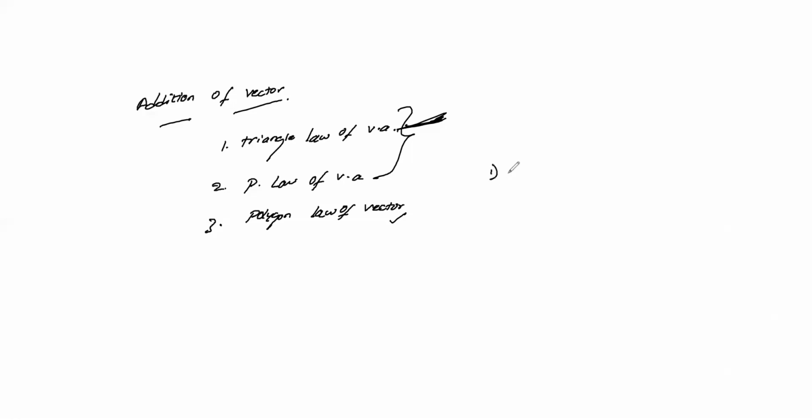Here, in the triangle method, assume this is your initial point, O. From the initial point, there is a vector A starting towards the east. After A, there is one more vector, which I'll take as B. The final point is F. This is the longest distance to travel from the initial point to the final point.